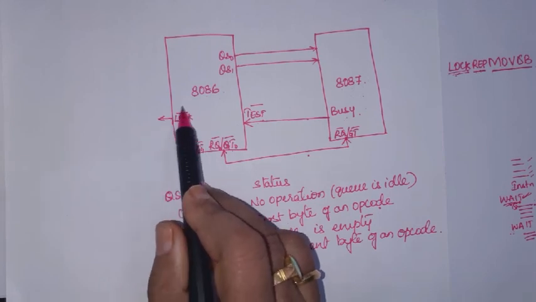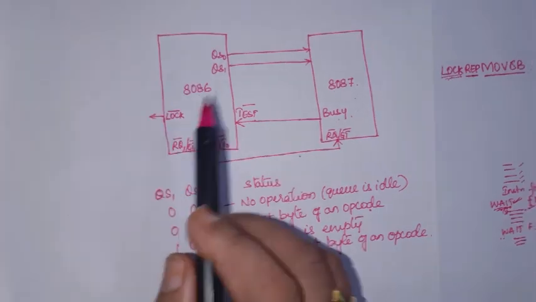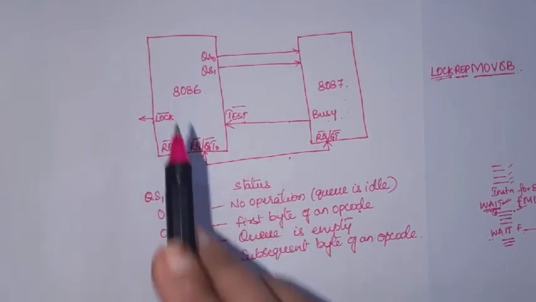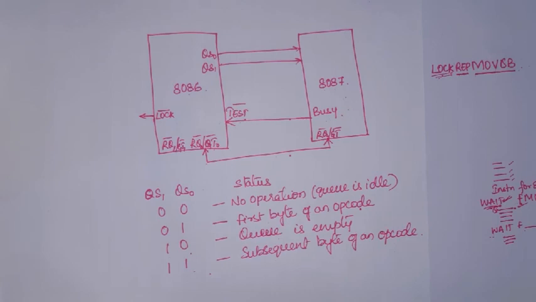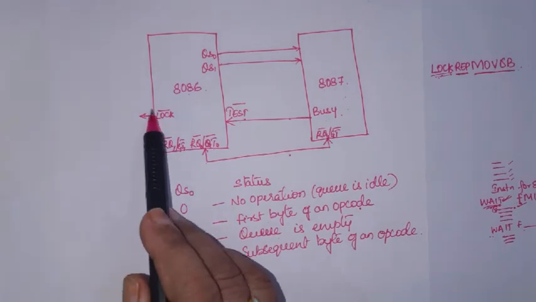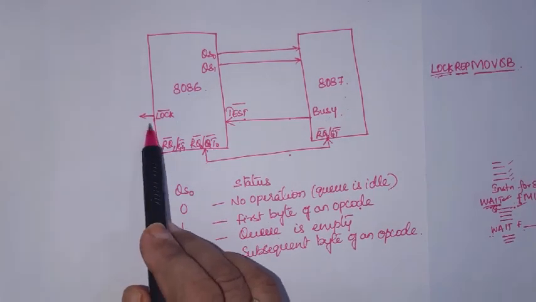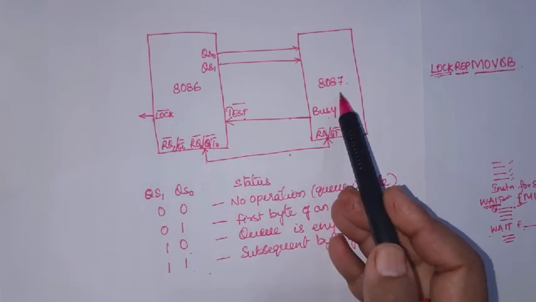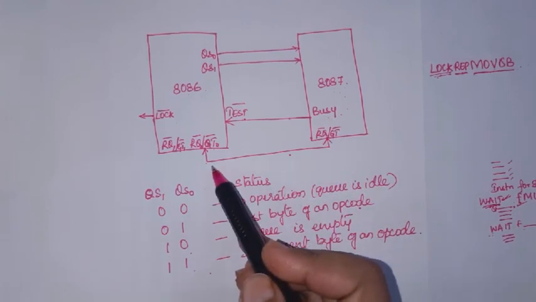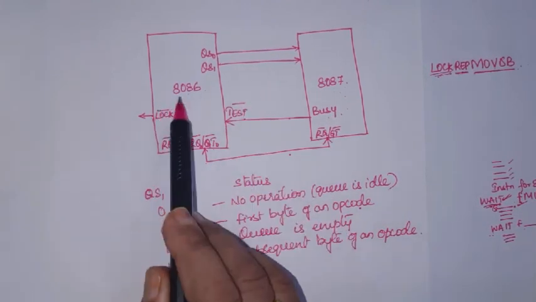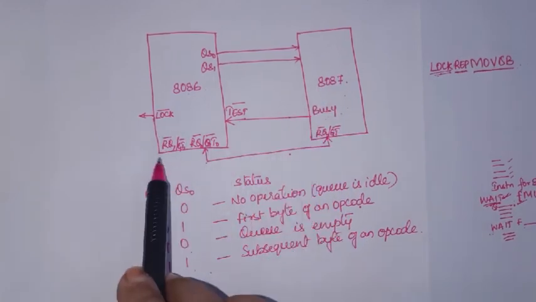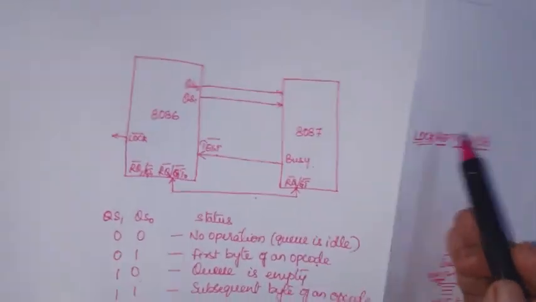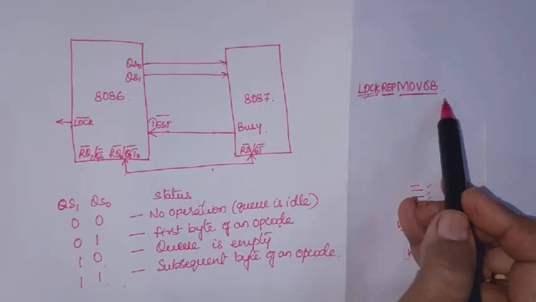As long as this LOCK bar pin is low, the processor will not accept any request for the system bus. That means when this pin is low, even if another processor, coprocessor or I/O processor sends a request for the system bus, this processor will not give the system bus to any other processor till it finishes this instruction execution.